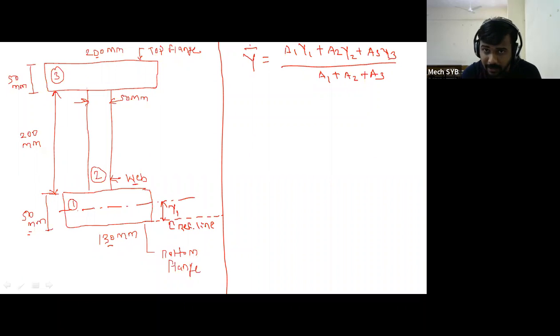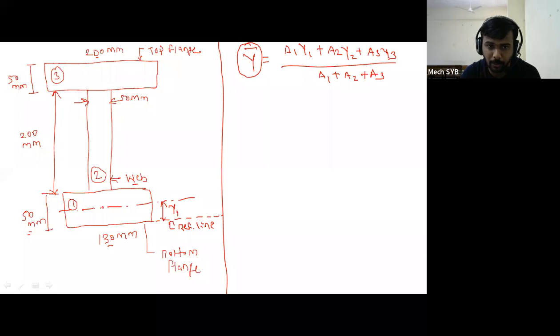Just as this y bar represents the CG of the entire I section, this y1 represents the CG of section number 1 only, y2 represents the CG of section number 2 only, and y3 represents the CG of section number 3.